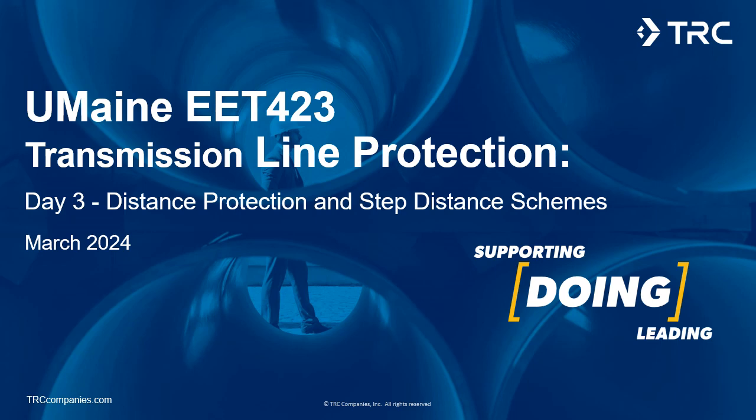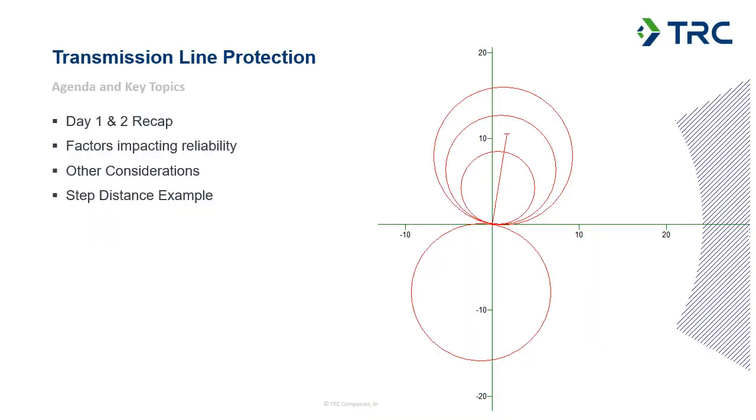We'll be continuing today with a little bit more of a deeper dive into distance protection schemes. So our agenda for today is to do a quick recap of some of the key concepts we covered in day 1 and day 2. And we'll be taking a closer look at distance protection and some of the factors that impact reliability of those elements.